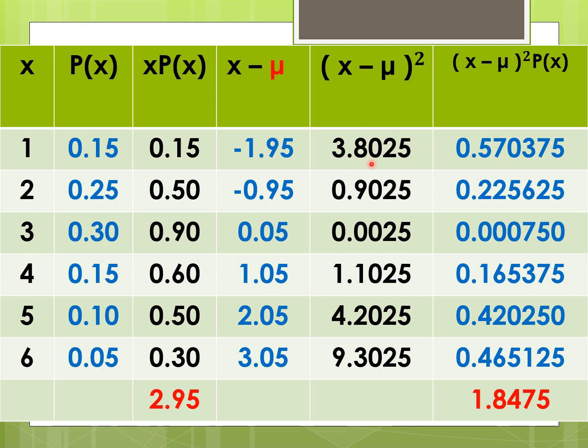So we have 3.8025 multiplied to 0.15, kaya nakuha si 0.570375. And yung iba, the same lang. And then after that, the last step will be i-add natin lahat yung nasa last column natin. Then we'll get the sum of 1.8475. So eto na yung ating variance. Is that clear? Okay. Next.